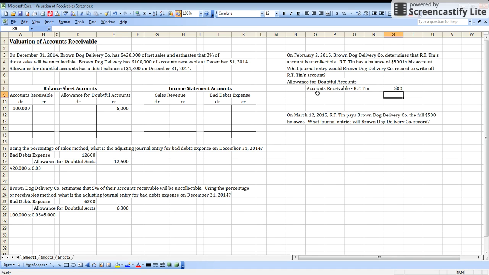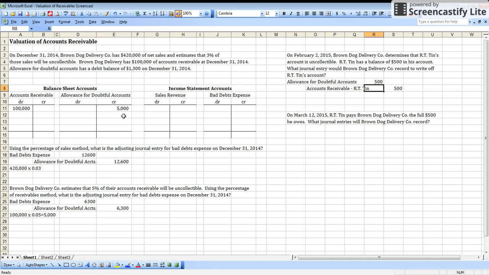Then, since we've credited something, we need to debit something, and we're going to debit allowance for doubtful accounts. The reason we debit allowance for doubtful accounts is that the allowance for doubtful accounts number is what we estimate will become uncollectible. When something does become uncollectible, we don't need it in the allowance for doubtful accounts anymore.